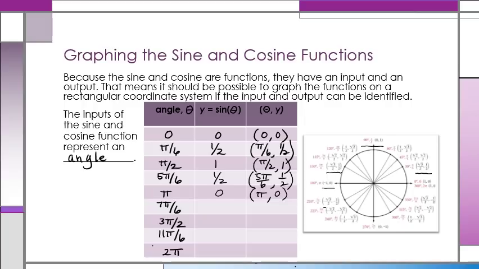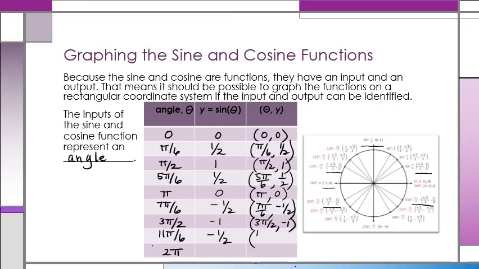For 7 pi over 6, I'm at an output of -1/2. For 3 pi over 2, I'm on the negative y-axis, so I have an output of -1. For 11 pi over 6, I have an output of -1/2.